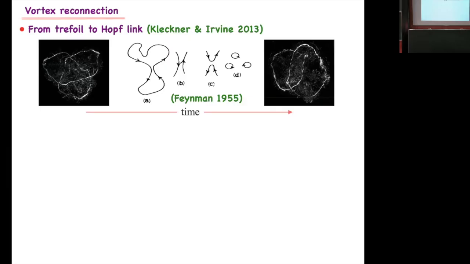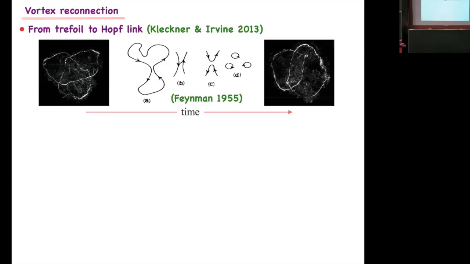Yes? So in the video that you first showed with the blue and red, did you say that the smaller little loops are purely blue or purely red? No, they are partly blue, partly red. So they inherit the reconnection. We will see other cases where the reconnection takes place in an anti-parallel fashion.